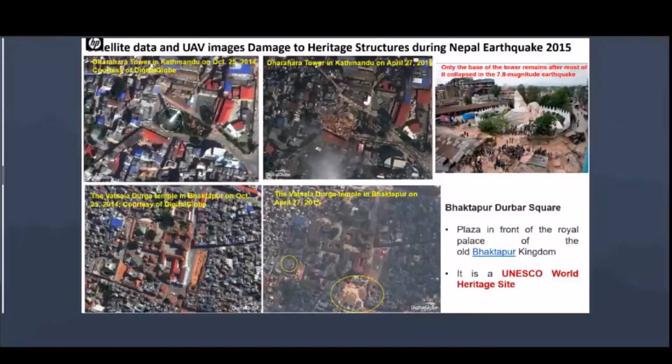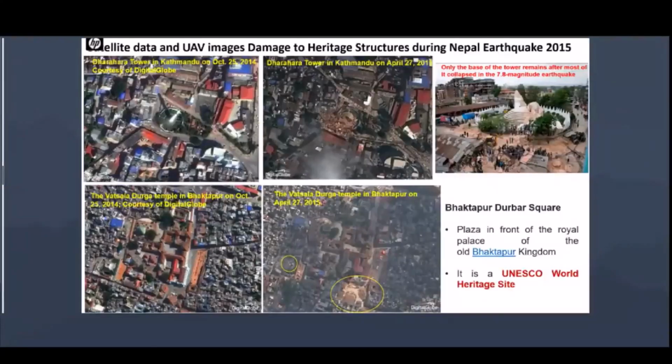The first image is the intact image, the pre-disaster, pre-earthquake image taken on October 25th, 2014. And later on, after the earthquake had happened on April 27, 2015, the image was captured. You can see that these structures, the tower, this whole area has been damaged.